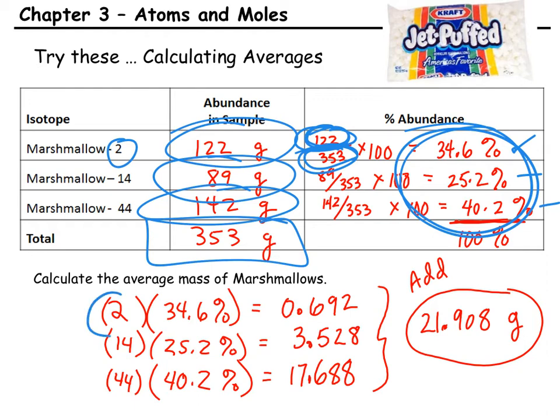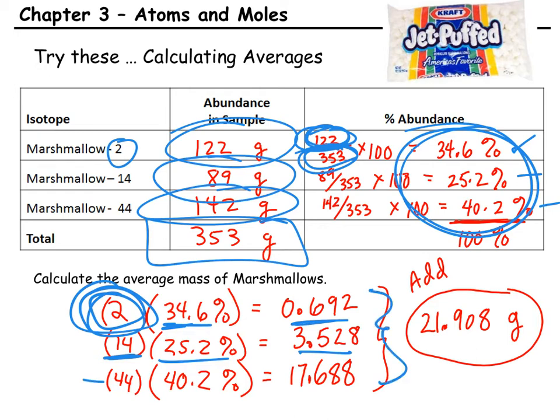So if I take the mass of the small marshmallows times its abundance, I get a number. If I take the mass of the medium marshmallow times its abundance, I get a number. And then the large marshmallow times its abundance, and I get a number. Now, when I add all these together, I get the average. Doing it this way is called a weighted average, and the weight is the percentage of each one.